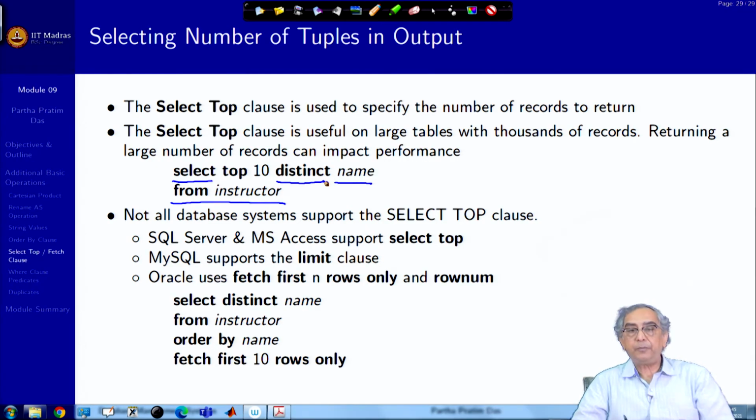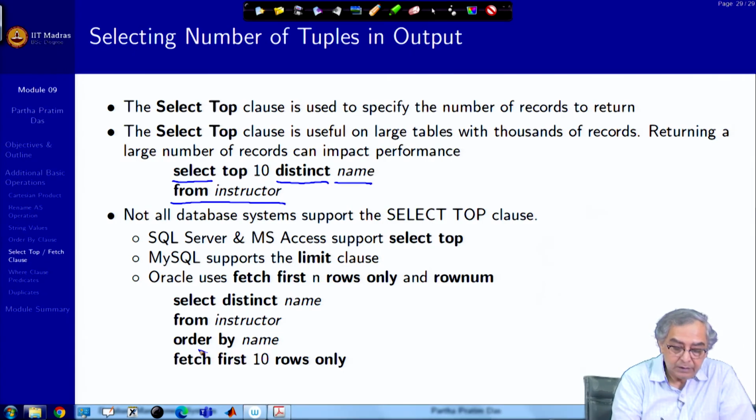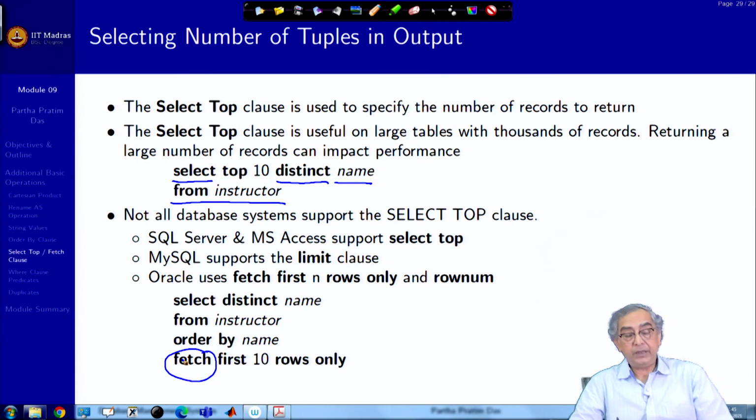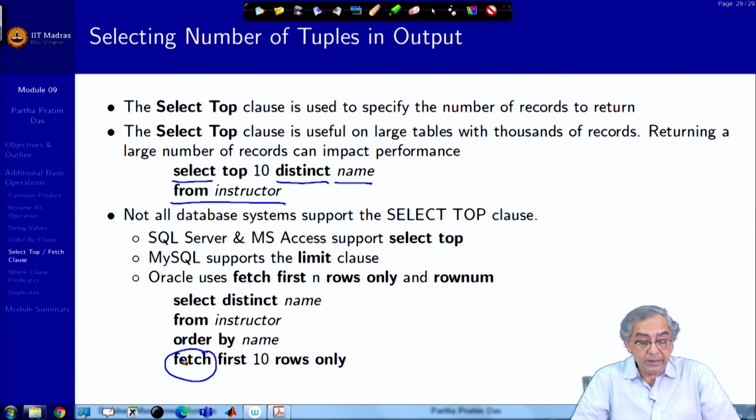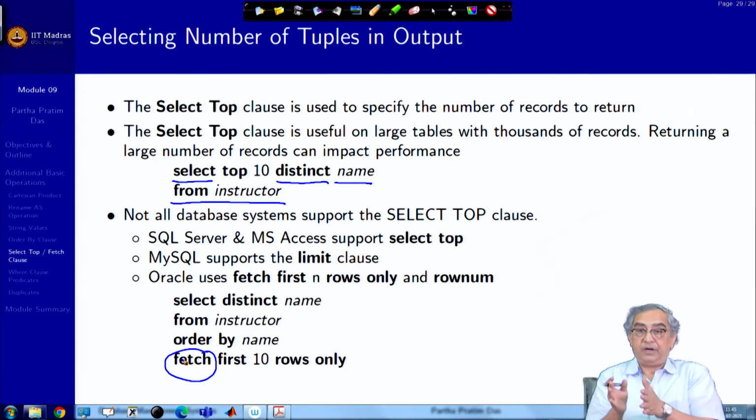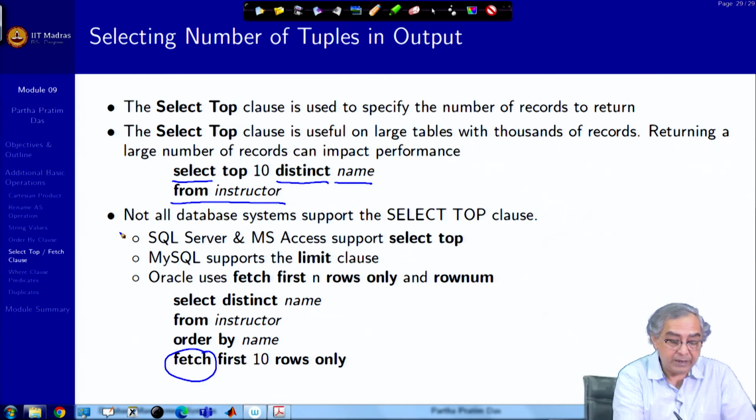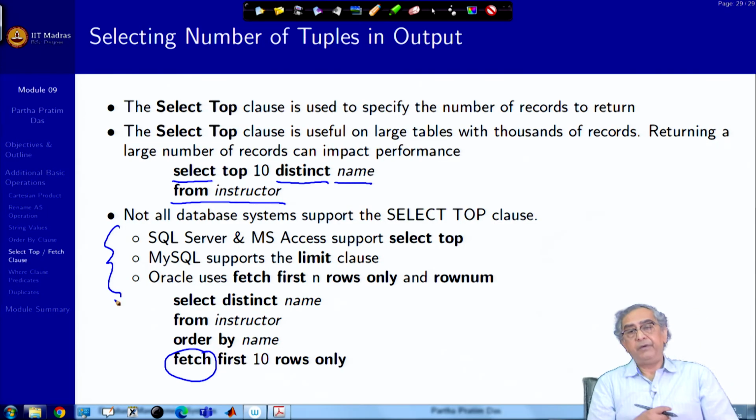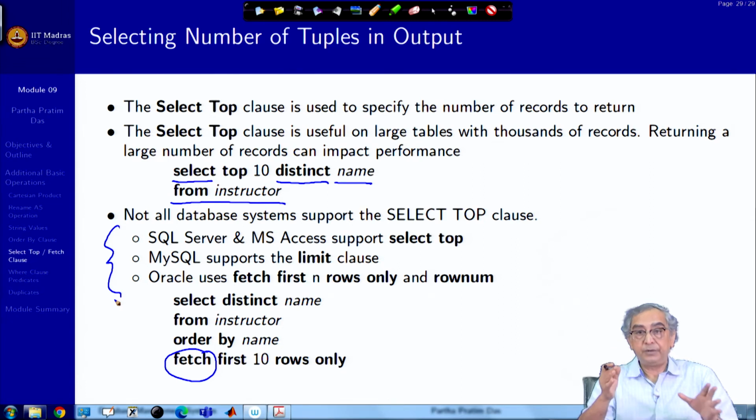Select top 10, top is one way. Another which is actually very dominant in SQL is doing this by fetch. This is not a different thing, but as you can see, I told you that not all database systems follow the same kind of language forms and keywords.